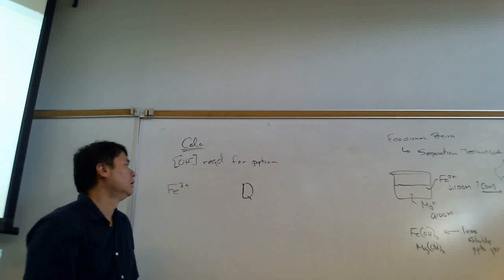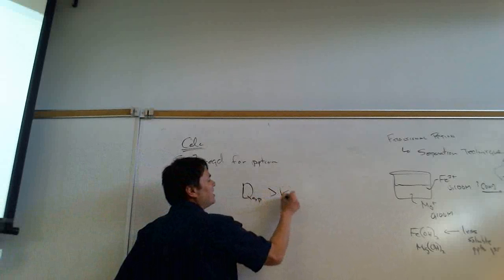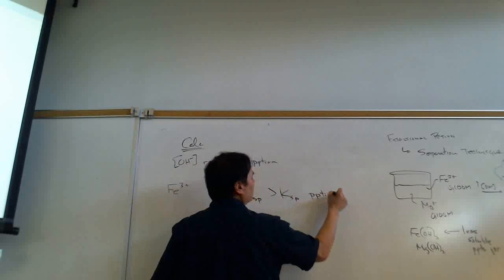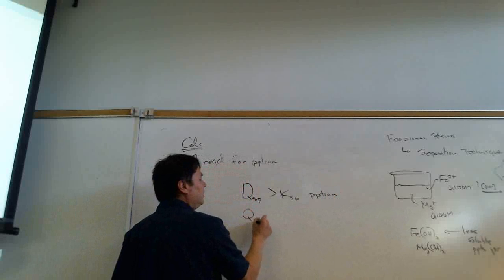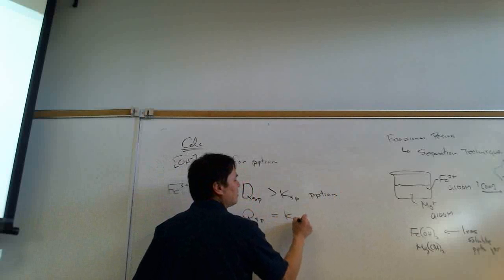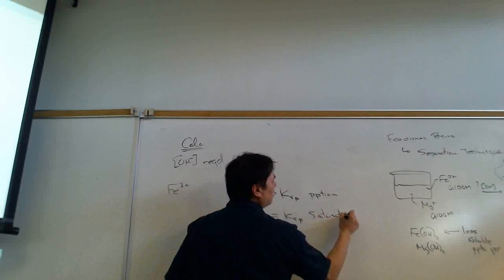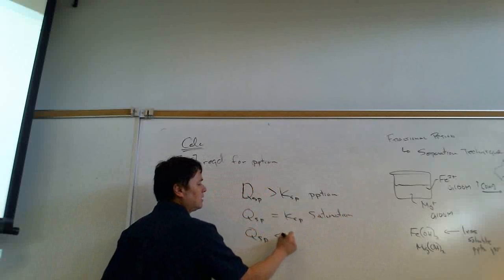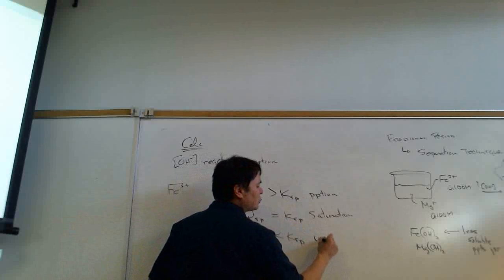If QSP is greater than KSP, we expect precipitation. Too much product. If QSP is equal to KSP, that's what we call saturation. It's right on the cusp of precipitation. If QSP is less than KSP, then we have an unsaturated solution.